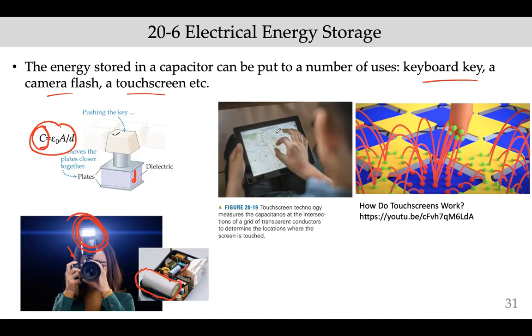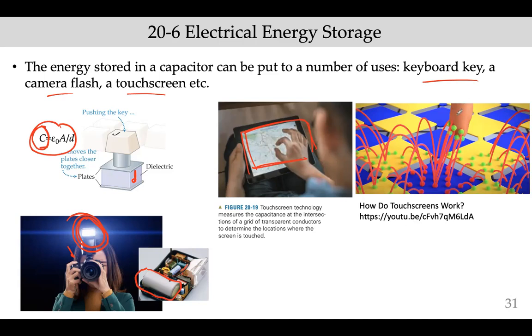In the case of touch screens, you basically have two plates. There are two materials, two plates on top of each other, separated by some insulator. The yellow and the blue are two different plates. They don't touch each other, so it's basically like a capacitor.